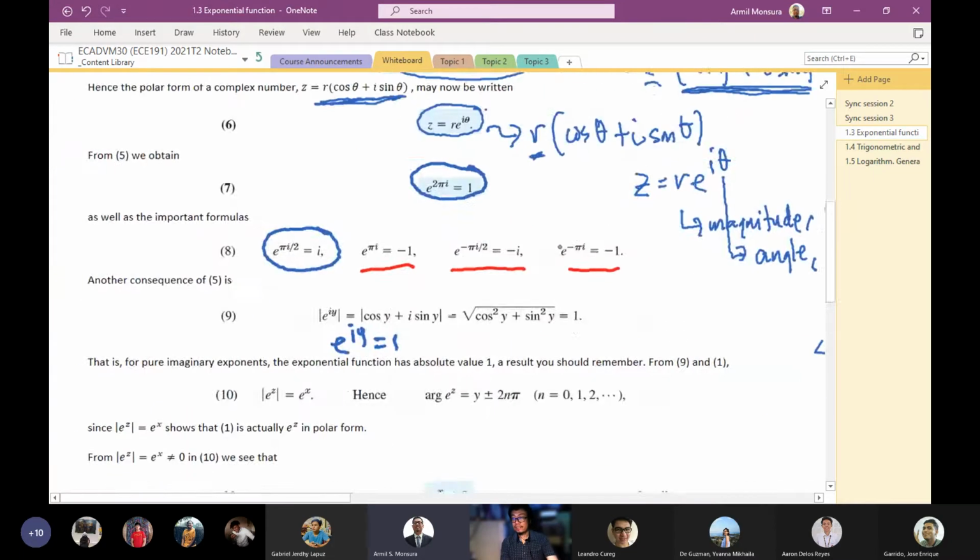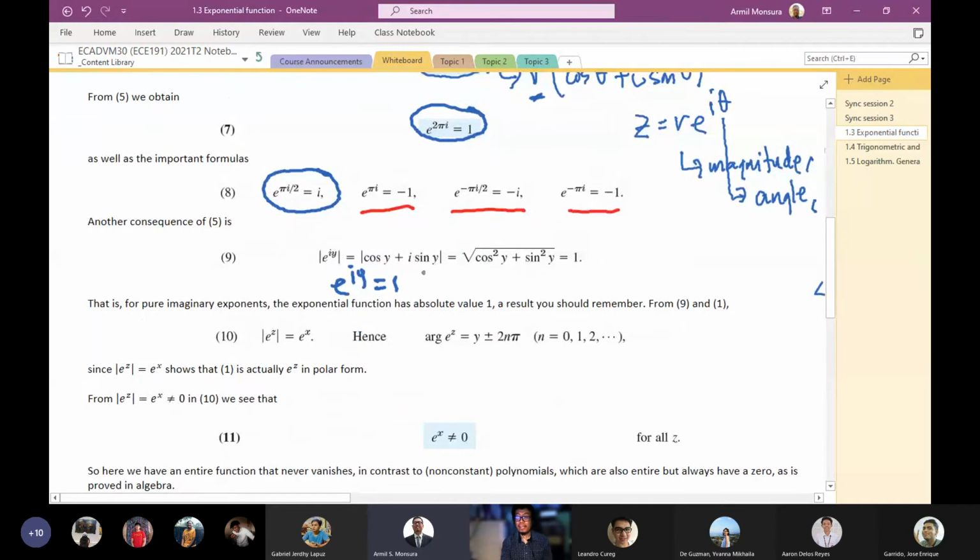Okay, it can actually be derived from the fact that if you have e raised to iy, that is equal to cosine y plus i sine y, and if you take the magnitude of that, bali lalabas ito kasi pwede nyong i-treat as a triangle wherein ito yung x coordinate niya, ito yung y coordinate niya.